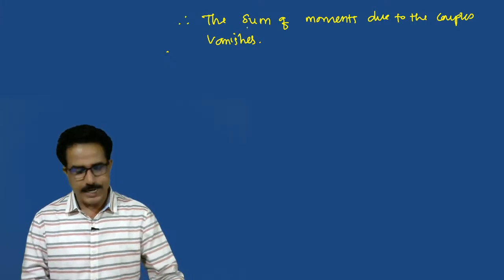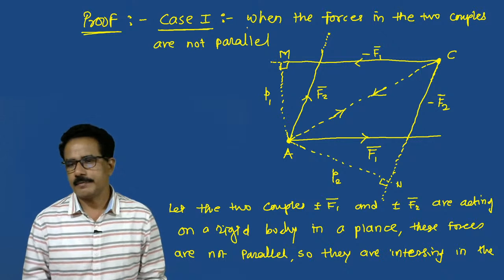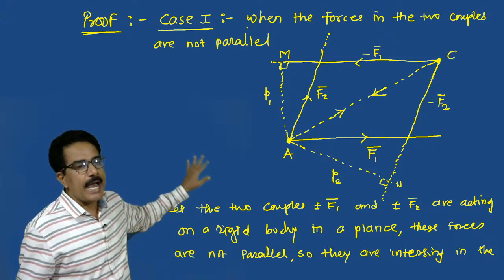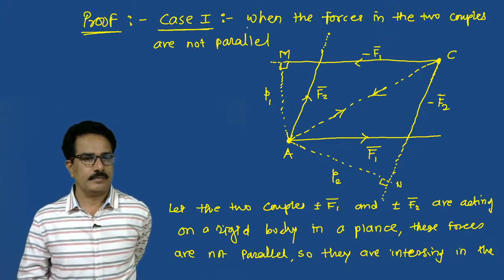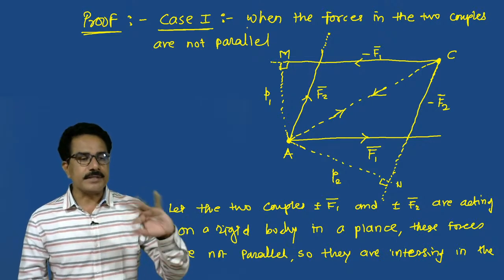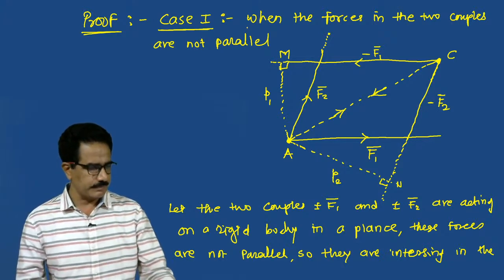Now we have to show that they are balanced to each other. What do we have to show now? We shall show that they are balanced to each other. We have to prove this.